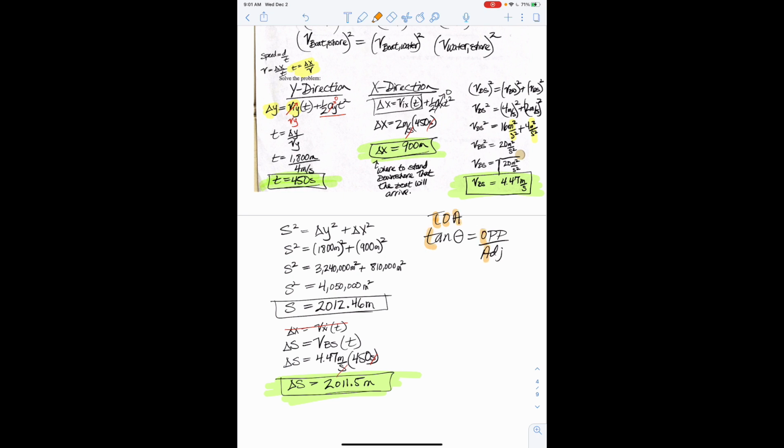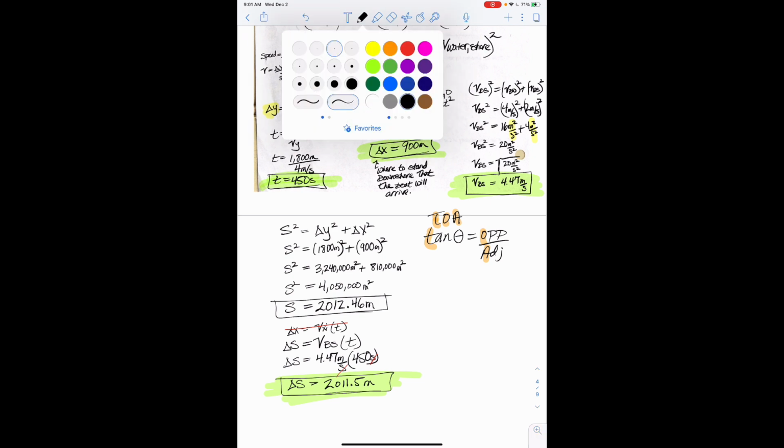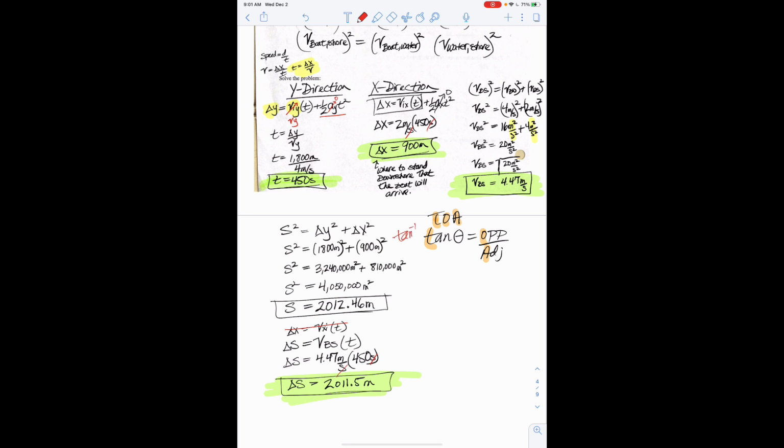But we want inverse tan, so inverse tan eats tan. We'll inverse tan both sides, just kind of like an undo button of tan. So we destroy tan with that, and we're left with just theta. But we inverse tan the other side, so we have to write that in. And there's our formula right there.